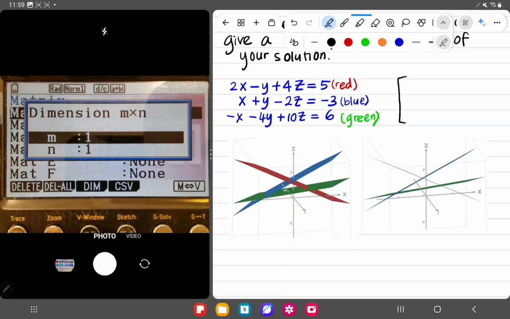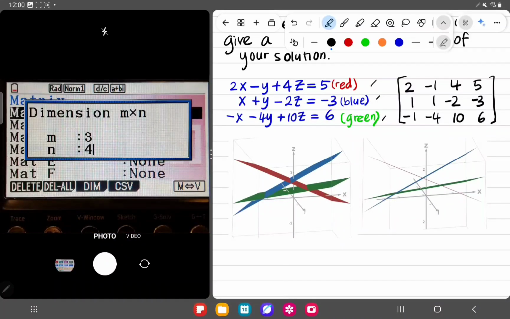The 3 by 4 augmented matrix is 2, negative 1, 4, 5, 1, 1, negative 2, negative 3, negative 1, negative 4, 10, and 6. These are all the coefficients of the three-equation system here. So the dimension of this matrix is 3 by 4, 3 rows and 4 columns.